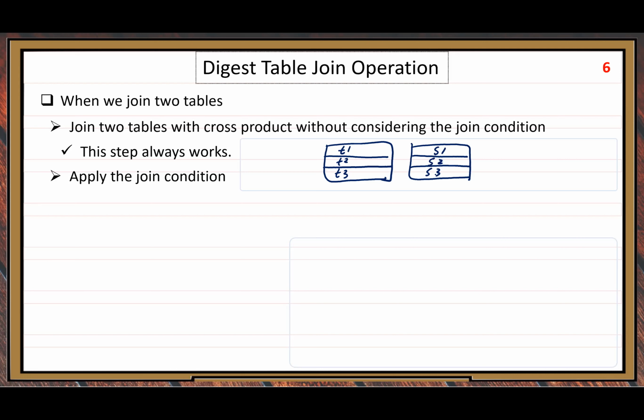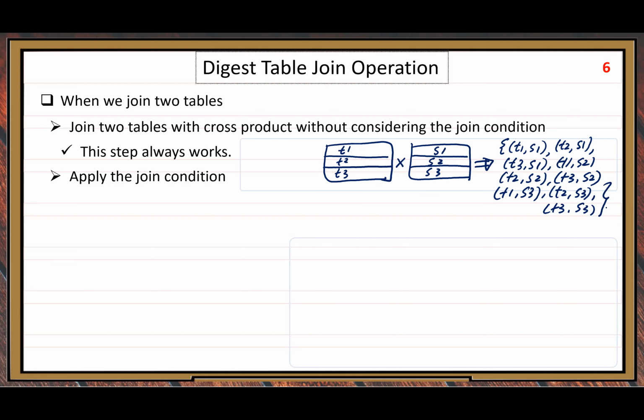Then with Cartesian product, we will have the join table with 9 elements: T1 S1, T2 S1, T3 S1, then T1 S2, T2 S2, T3 S2, then T1 S3, T2 S3, and T3 S3.